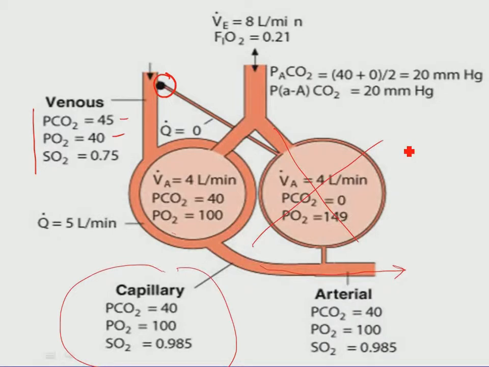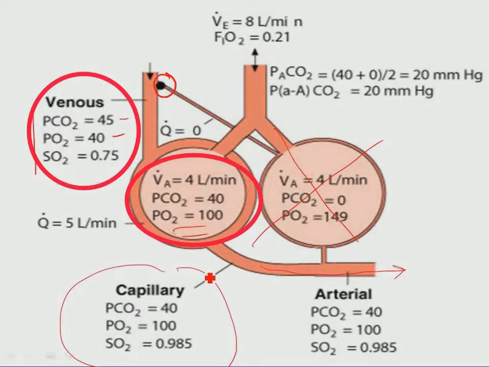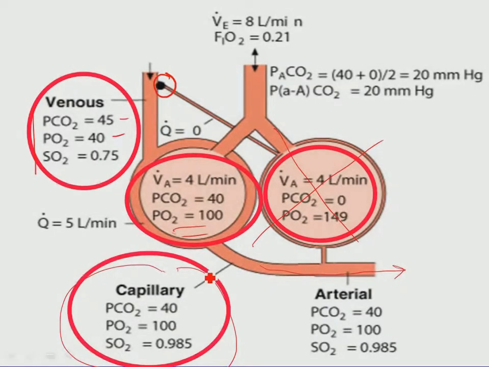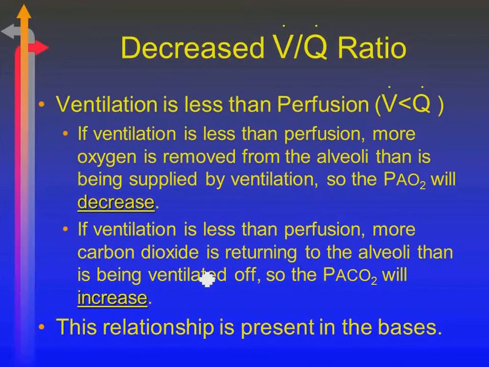So it's all dependent upon this alveolus. It's a simplification looking at a two alveolus model, but you get the gist. There's my venous values, mixed with the alveolar values to yield a capillary value. And that just continues right on through. It has no effect from the one that's not being perfused.